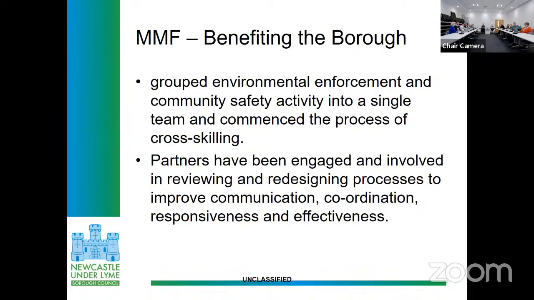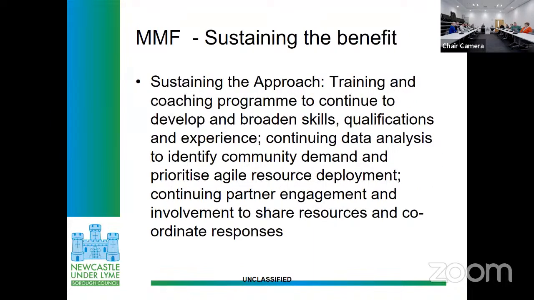We're starting to work at that cross-skilling process, and we're working very closely with partners, Aspire, the police, many others, in terms of making sure that we're working together as well as possible, that each of us knows what each other is doing, and looking for the barriers and pitfalls to working together and breaking those silos down.